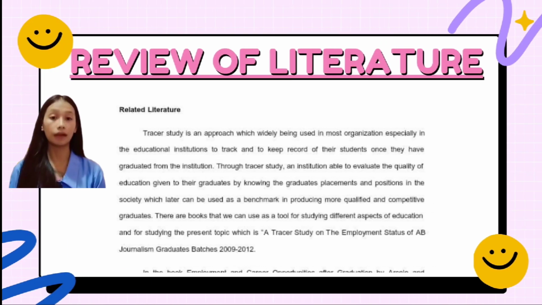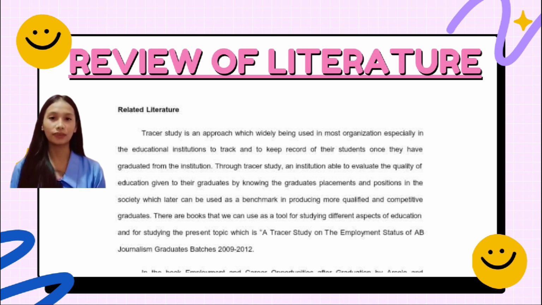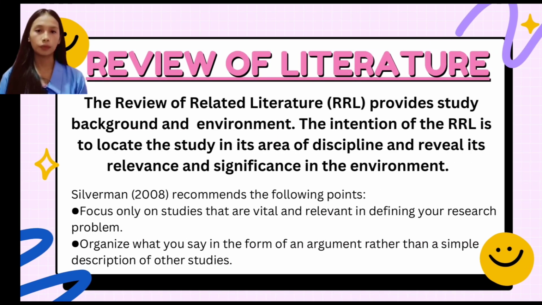Next is the review of literature. Review of literature provides study background and environment. The intention of the RRL is to locate the study in its area of discipline and reveal its relevance and significance to the environment. Silverman 2008 recommends the following points: focus only on studies that are vital and relevant in solving your research problem.